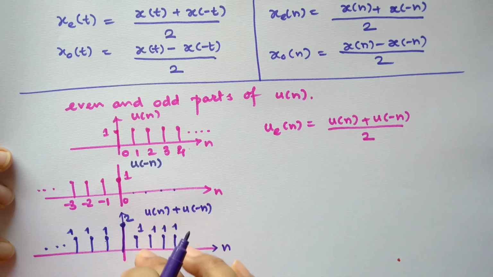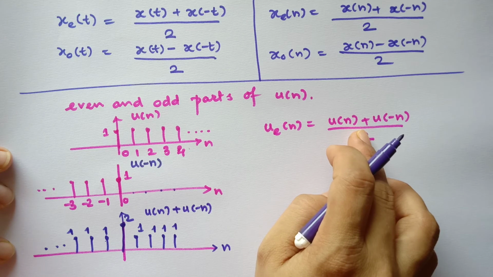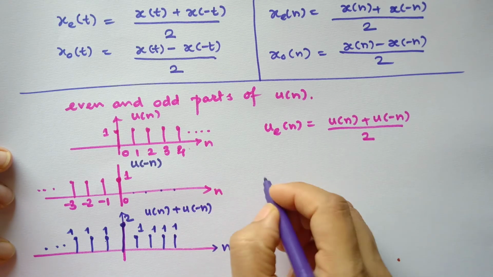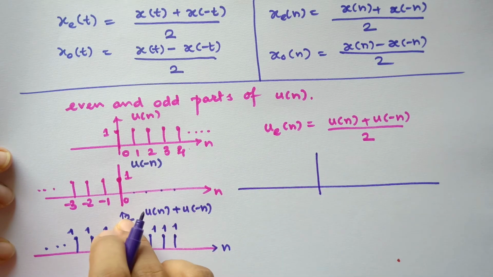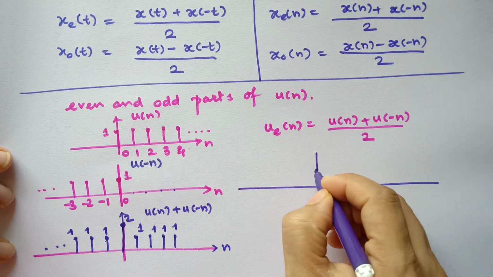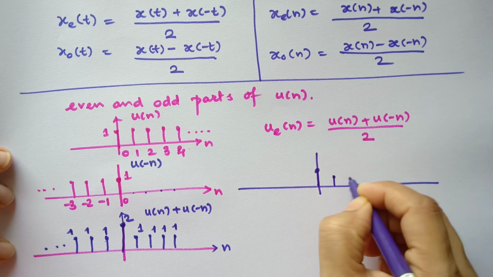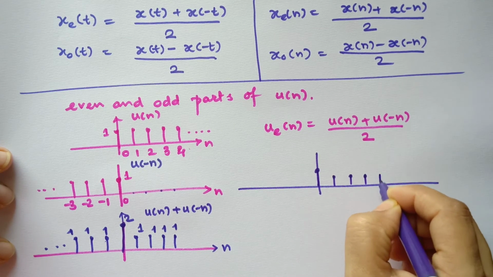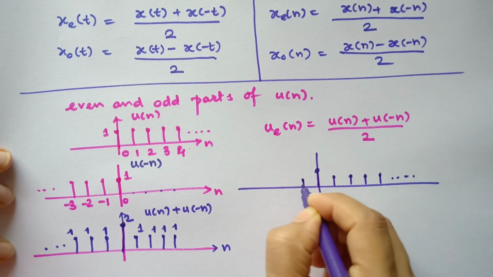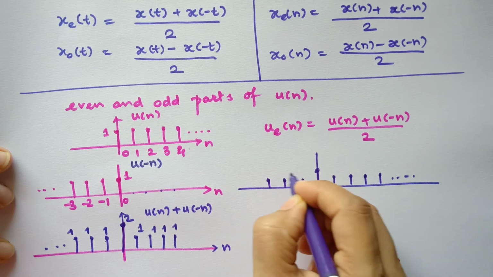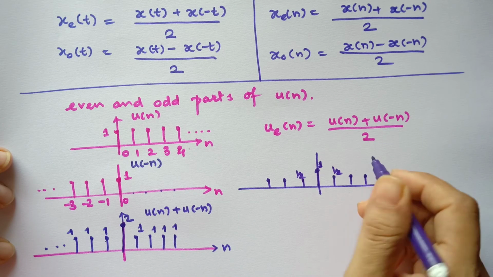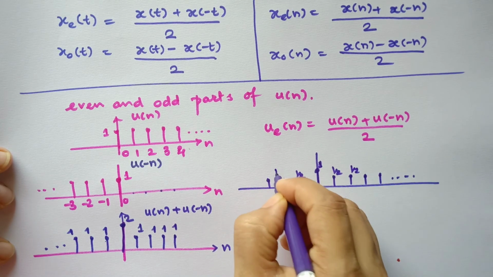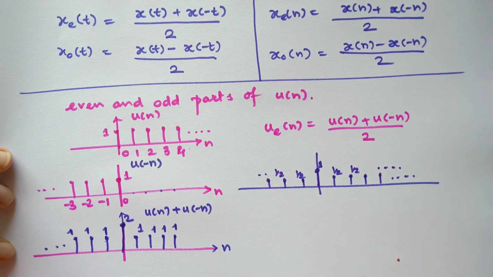Now we want to divide the signal by 2. Amplitudes are divided by 2. So the u even of n signal finally will be this 2 divided by 2. The sample at 0 will be 1 and the rest of the samples will be half. So these samples are half, this is 1, half and so on.